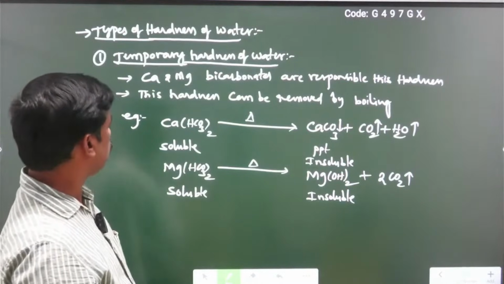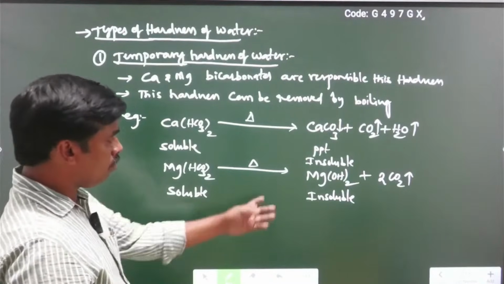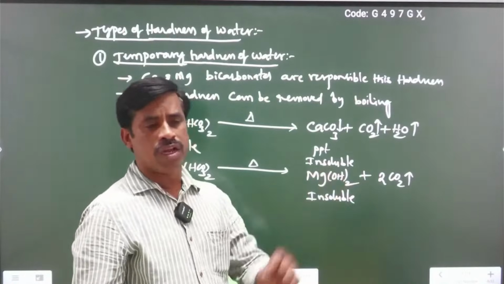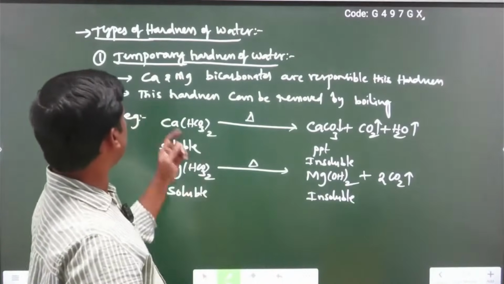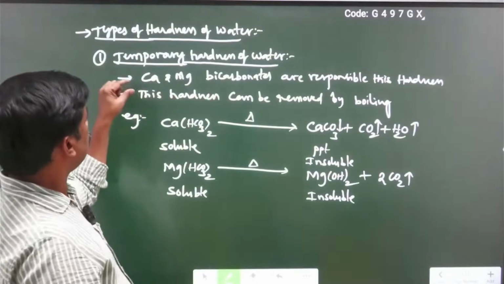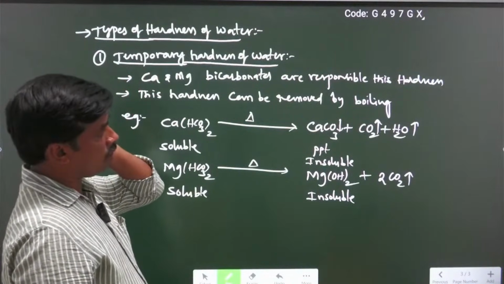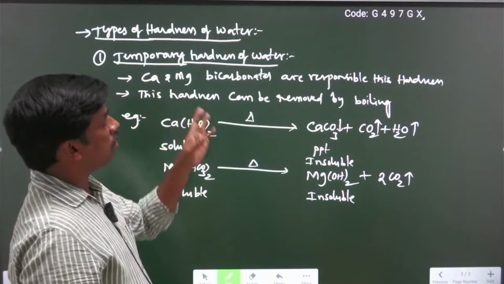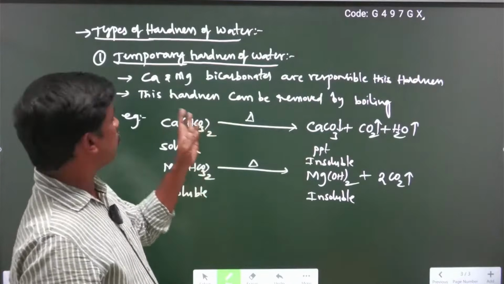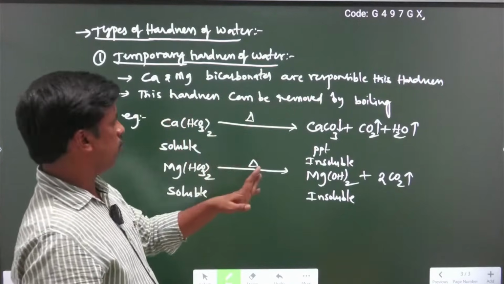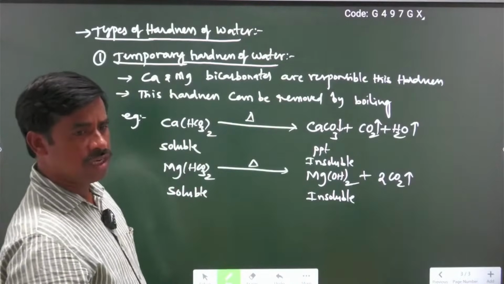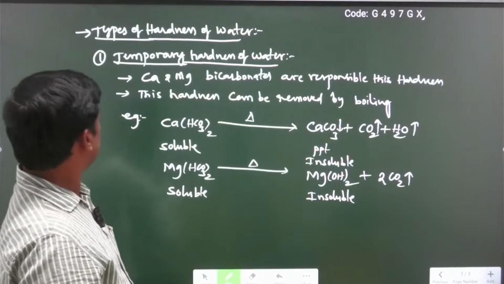From an exam point of view, if asked what temporary hardness is, write that calcium and magnesium bicarbonates are responsible for temporary hardness, which can be removed by boiling, and write these 2 chemical reactions.